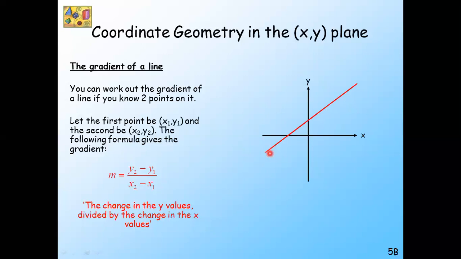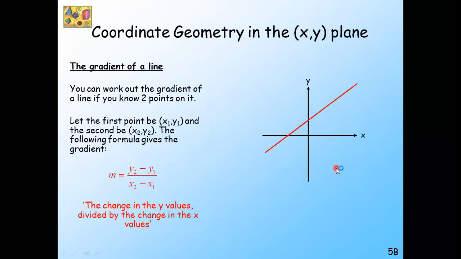Particularly what I want you to take note of here is the formula for calculating the gradient or the slope of a straight line. You can work out the gradient of a line if you know 2 points on the line.